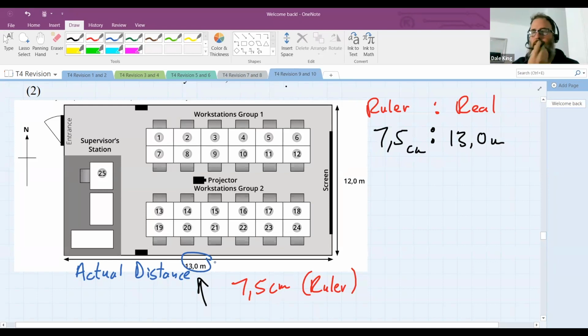And they say use that to work out the scale for this map. But you know that scale needs two parts. It needs the real world actual distance of the room, and it also needs your ruler measurement on the plan. You need two parts. What you measure with the ruler on the plan and what's actually happening in the real world. Two numbers, okay, to make your ratio.